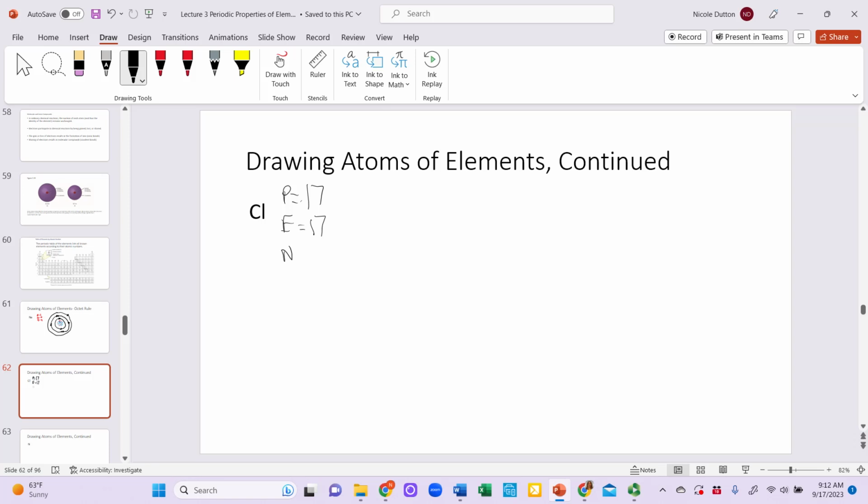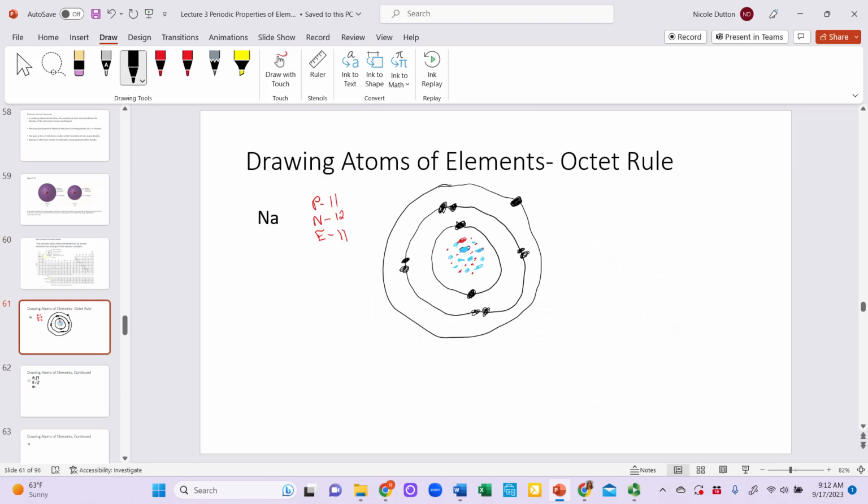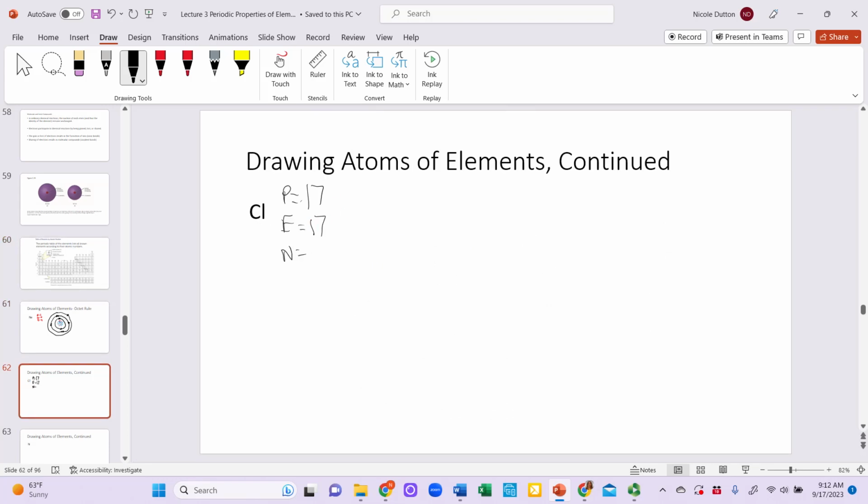And neutrons, when we go back to chlorine, chlorine has a mass number, or atomic mass, sorry, of 35.45. So we're going to round that to 35. 35 minus 17 gives us 18. So that's 18 neutrons.